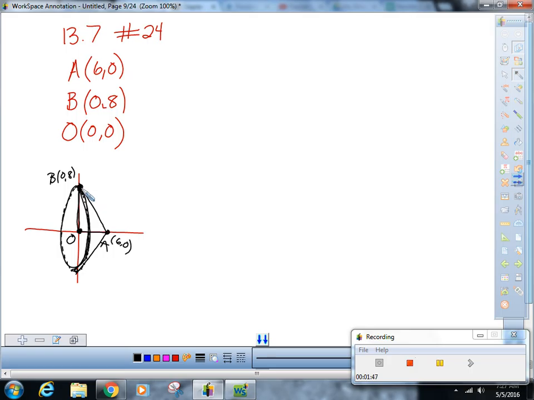And what do we have formed? We have a cone formed. What's the volume for a cone? Volume is 1/3 area of the base times the height. So what's the area of the base? 64 pi.